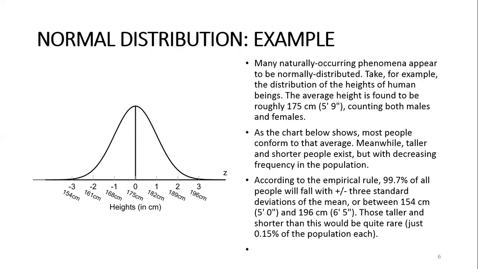Now, when you draw a normal distribution and use these smaller numbers, 0, 1, 2, 3, minus 1, instead of the actual absolute values, 175, 182, if you choose to use these z-score values, then we say that what you have is a standard normal distribution, not just a normal distribution, but a standard normal distribution.